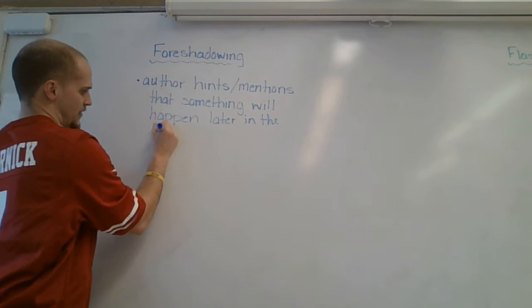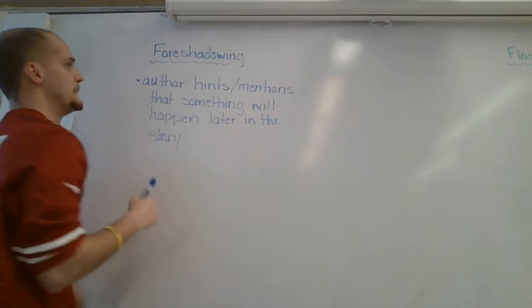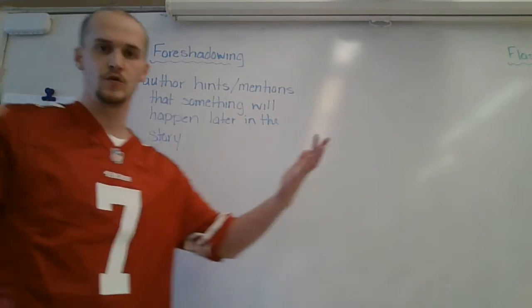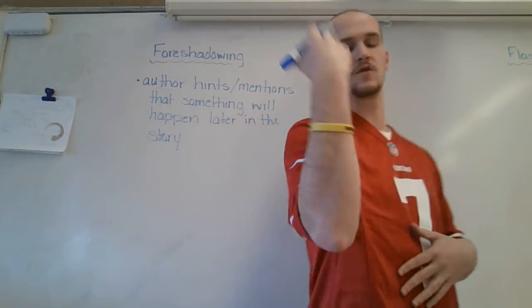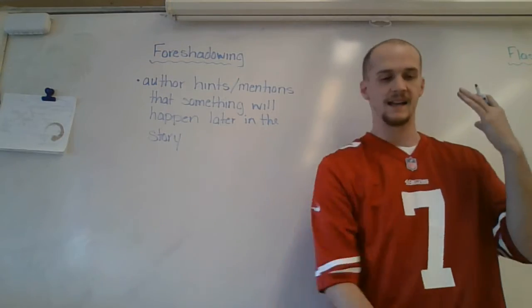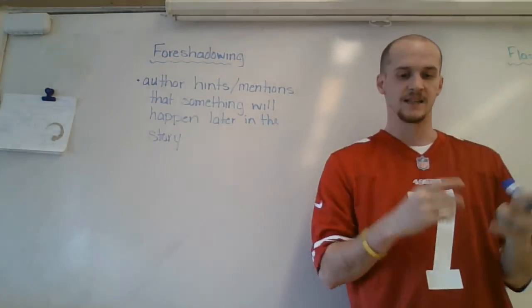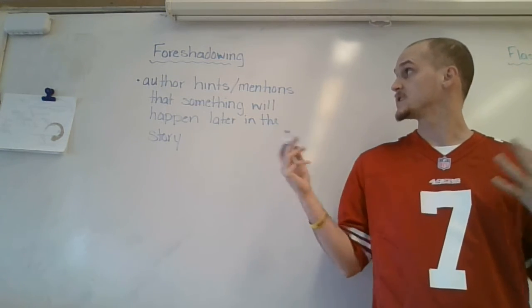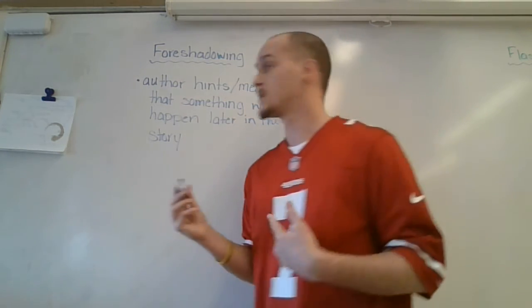All right, so the author mentions, hints, gives clues that something is going to happen later on in the story, something that you're not immediately seeing. And so you get this by breaking the word down.